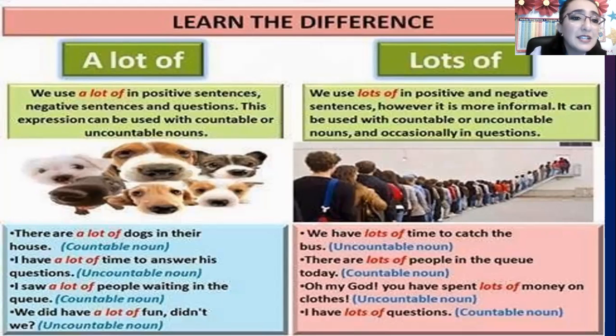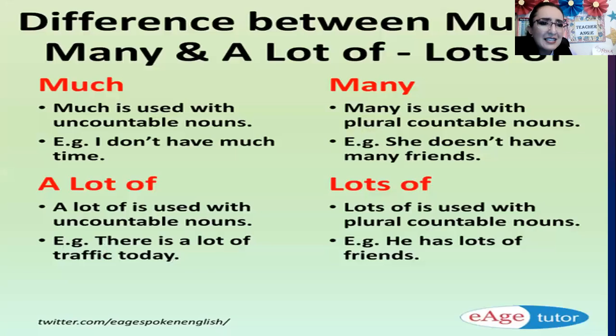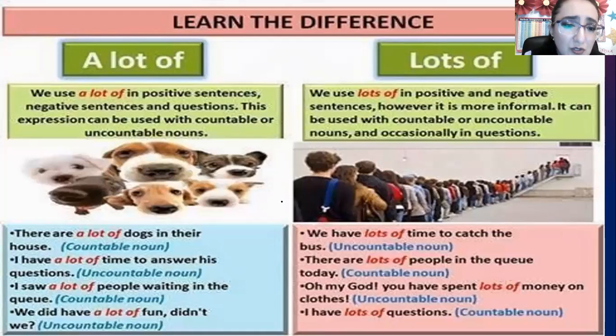And also let me tell you that this expression can be used with countables or uncountables. Pero ¿por qué aquí dice que porque si quieres especificar un poquito más, el a lot of se va con los uncountables, pero siempre van a haber motivos para que lo usemos con los contables. ¿Sale? Countables or uncountables. There are a lot of dogs in their house. I have a lot of time to answer his questions.